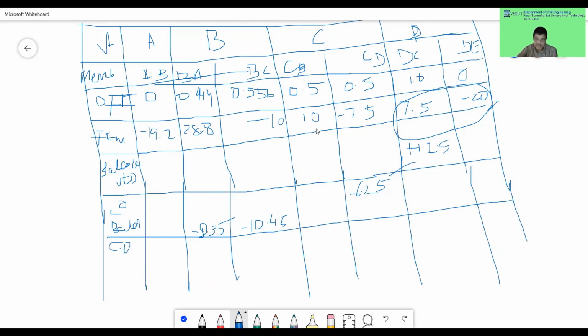Similarly here, this is 10 minus 7.5 plus 6.25, which carries over here. So 10 plus 6 is 16 minus 7, around 8 point something. If you apply this, it will be minus 4.38 and minus 4.38. So 8.76 is the unbalanced moment.